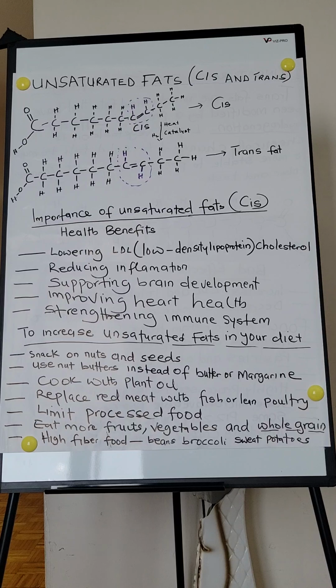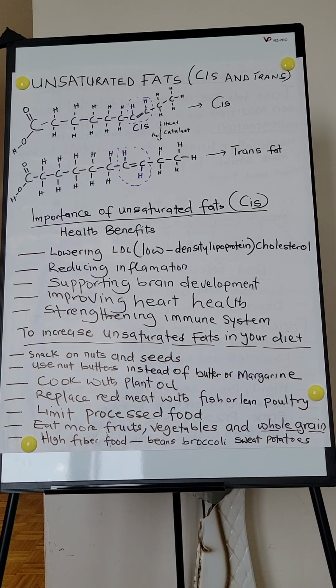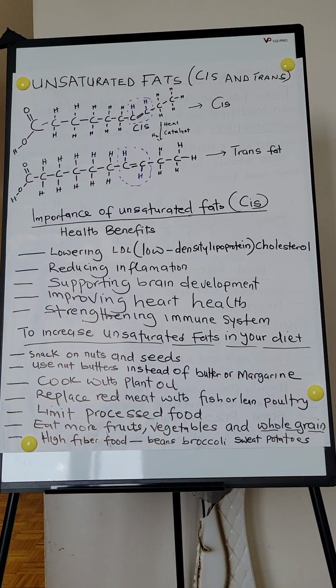Then use nut butters, like peanut butter and other nut butters, instead of butter or margarine or animal fat. We advise cooking with plant oils like olive oil, avocado oil, and coconut oil.